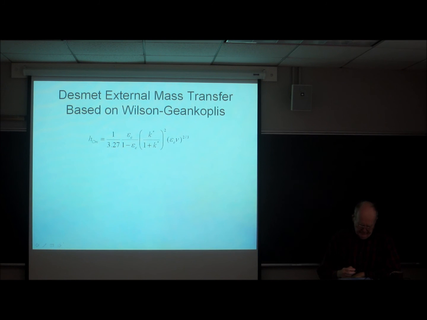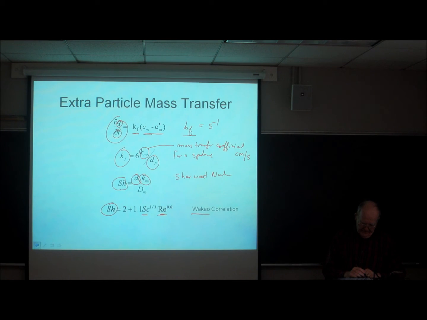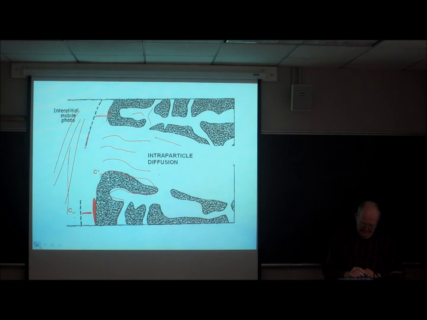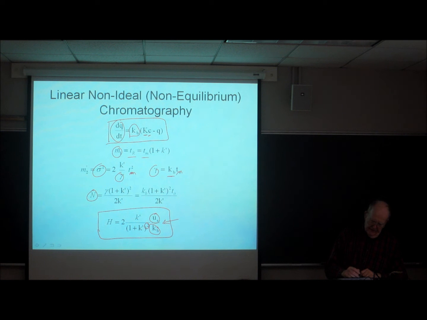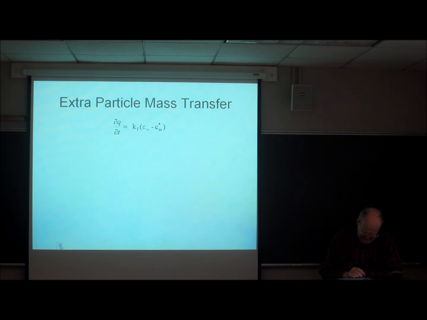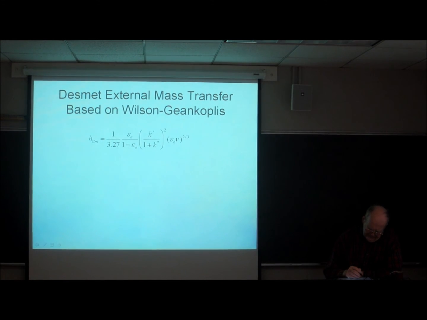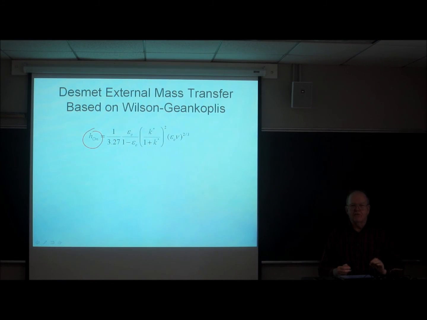So, if I now take the flow dependence inherent in this Reynolds number to the 1/3 power, and combine it with this equation for the HETP in terms of k_B, relate the k_B to the k_MT to the Sherwood number, plug everything together, then sometime later, out comes what we call the external or mobile phase resistance to mass transfer.